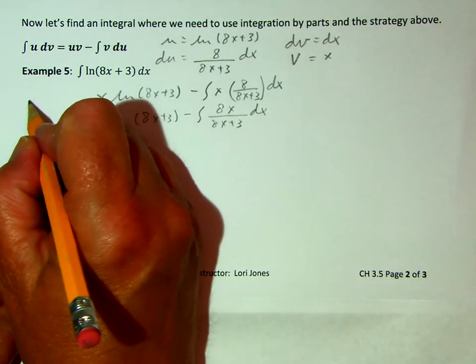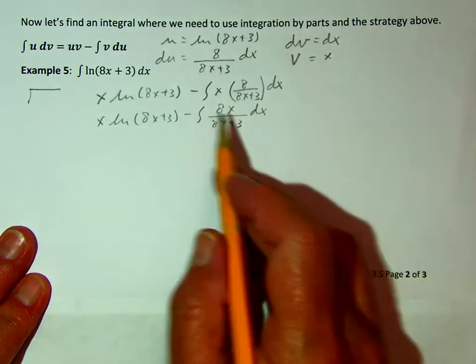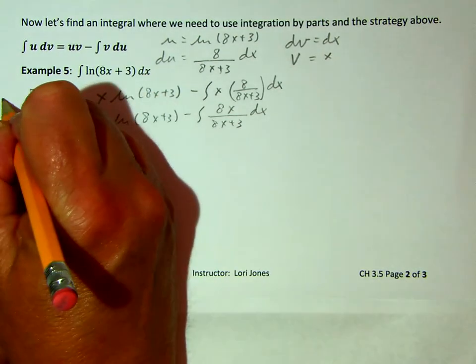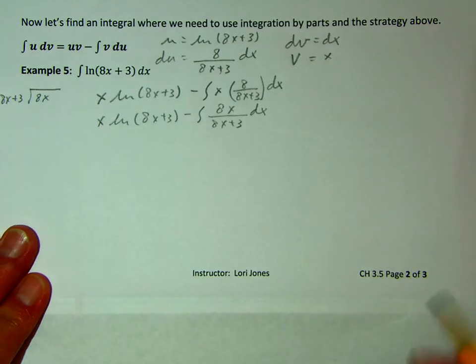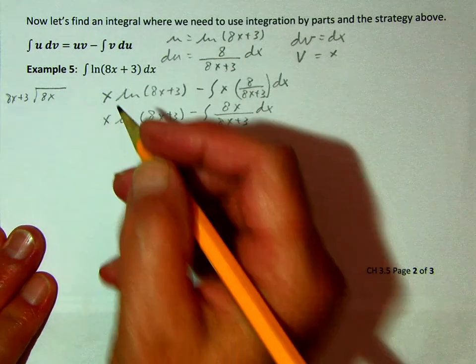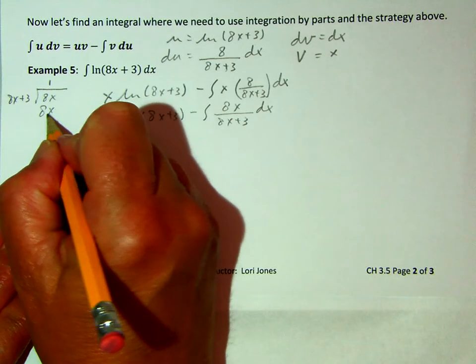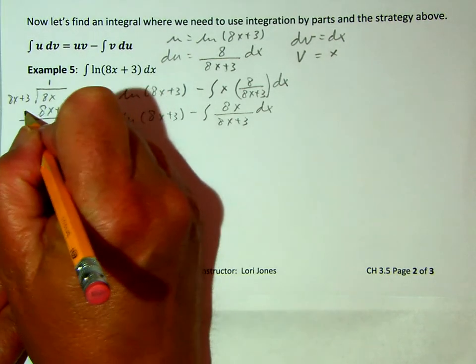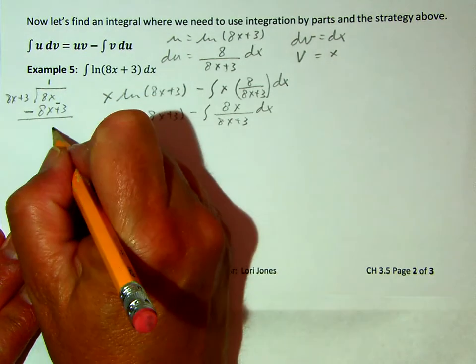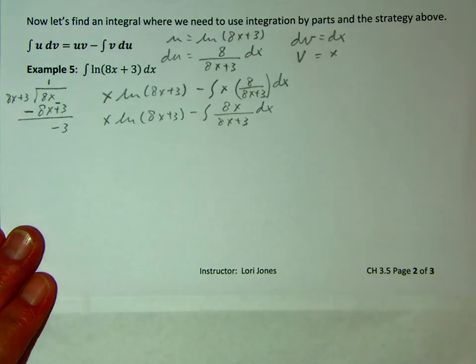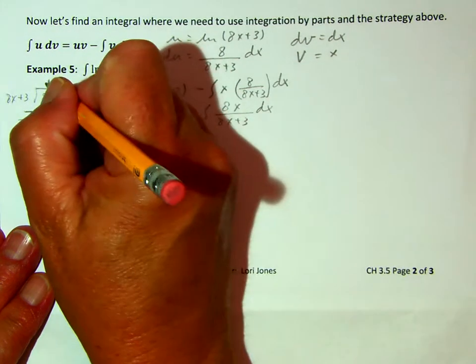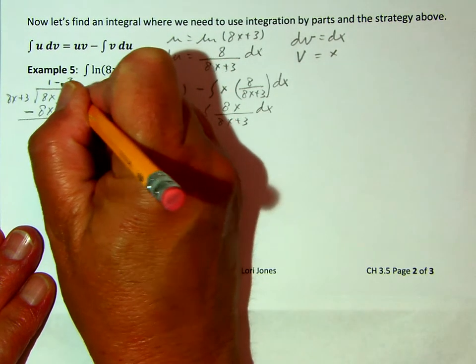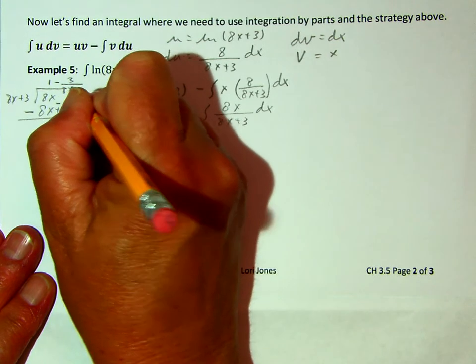So if I take 8x divided by 8x plus 3, that would be 1, and we subtract to see what we have left, and what we have left is negative 3. So 8x divided by 8x plus 3 is 1 minus 3 over 8x plus 3.